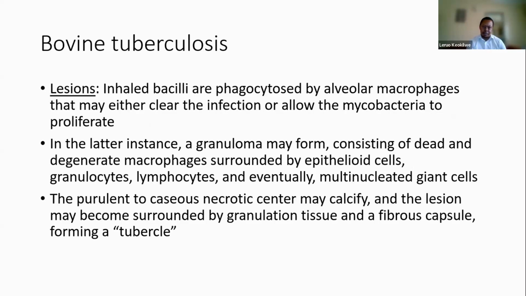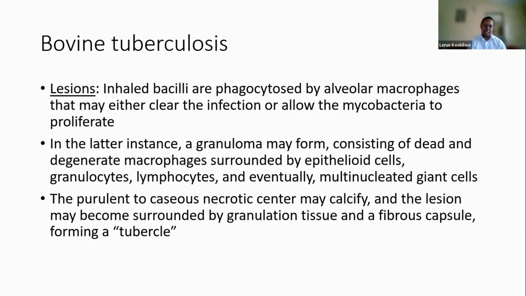And then the mycobacteria proliferate in the lung tissue, and you get at the later stages the formation of the granulomas, which consist of dead degenerate macrophages surrounded by epithelioid cells, granulocytes. So this is how the granuloma is formed. The purulent caseous necrotic center may calcify, so it may become hard.